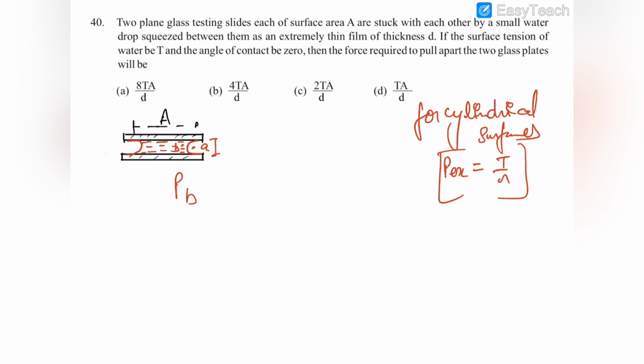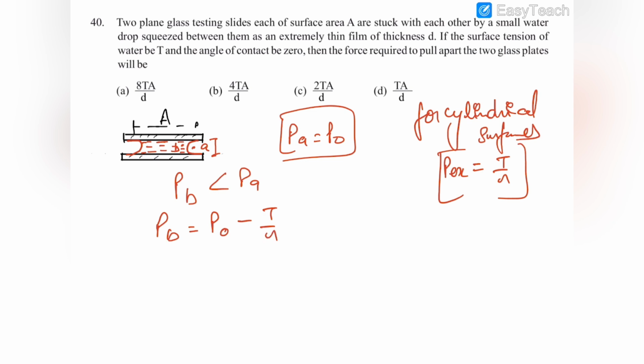PA is equal to P naught, which is atmospheric pressure. So PB will be equal to P naught minus T by R, which is the excess pressure. Now you can see that from outside there will be a pressure of P naught of air, and from inside the pressure is P naught minus T by R.